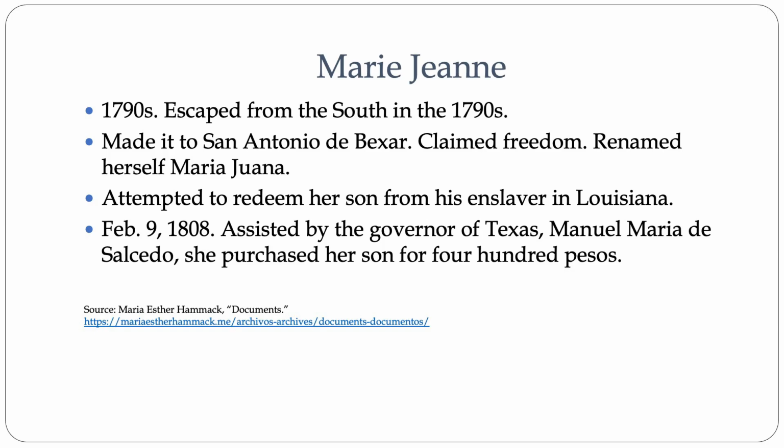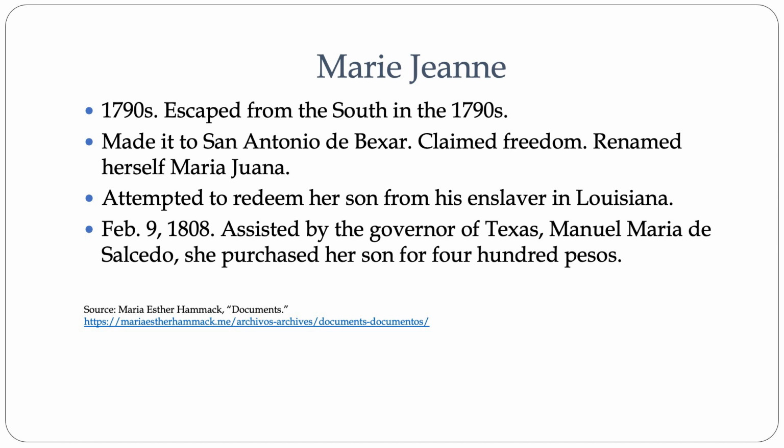Mary Jean escapes the South in the 1790s and makes it to San Antonio. In San Antonio, Texas, she finds protection from the government and claims freedom and renames herself Maria Juana. So she's now a Spanish citizen. And she attempts to redeem her enslaved son, who is actually enslaved in Louisiana this time.